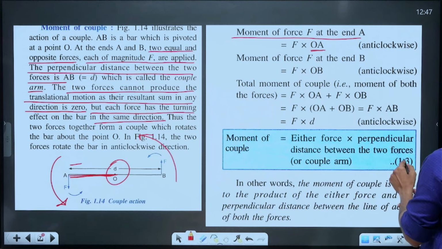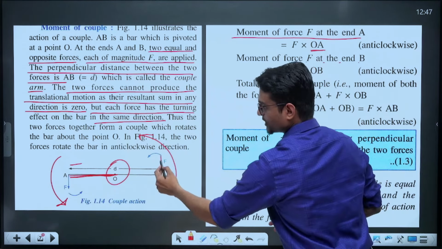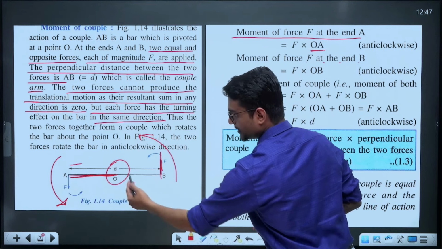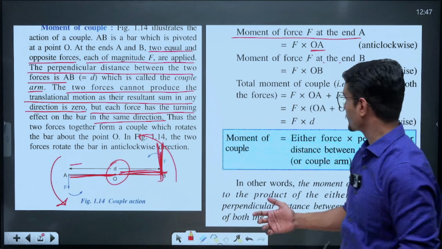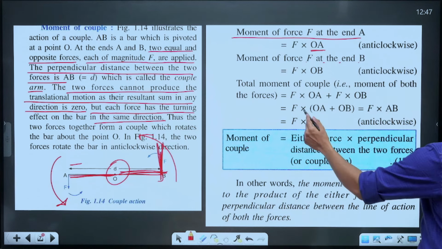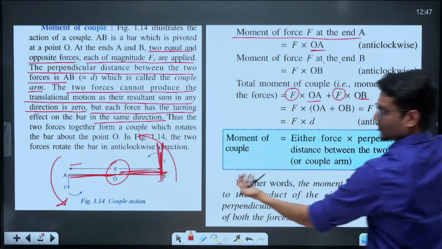See, moment of force F at point B. This force is also producing some moment. This is F into OB. And if we add them, F is common. OA plus OB.